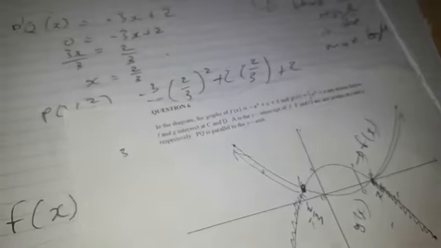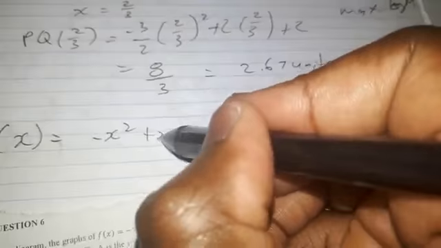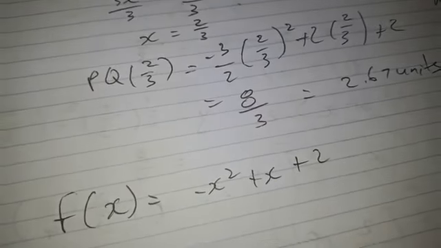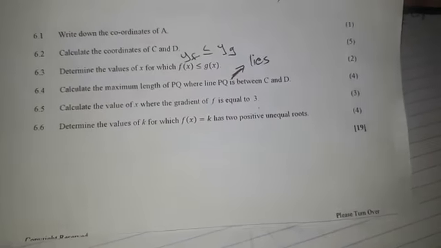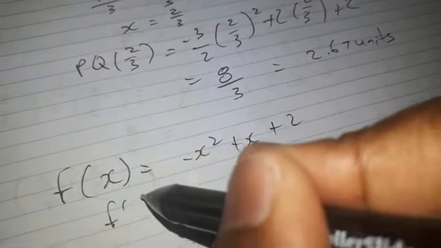So to start off, we have the original equation of f. What is the original equation of f? Because we just need to differentiate it to find its gradient equation. So the original equation is negative x squared plus x plus 2. To find the x value where the gradient is 3, we need to find the gradient equation first.